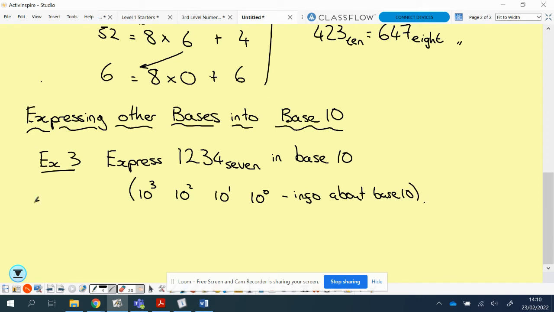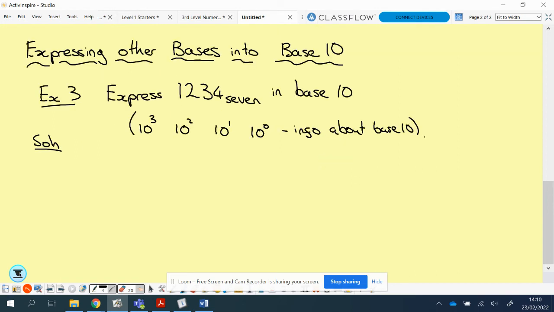Because how we change from base 7 to base 10, well, because that's in base 7, it means that in 1, 2, 3, 4 base 7, that 1 means that it's one lot of 7 cubed. Okay, because it's the equivalent of the thousands column, but it's in base 7, so it'd be 7 to the power 3 as opposed to 10 to the power 3.